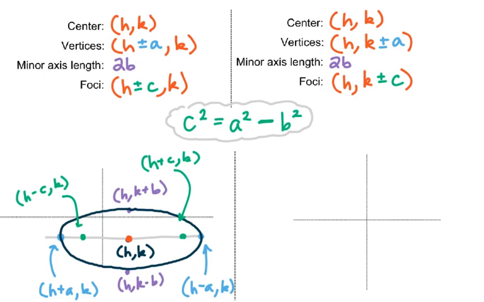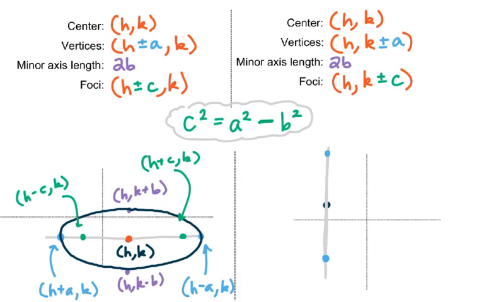Here's my vertical ellipse. Again, I'm going to put my center somewhere off of the origin. Having that center, (h, k), located right there, I know I have some sort of vertical axis which travels through those points. So I'm going to shift up a units off that center and down a units off that center.